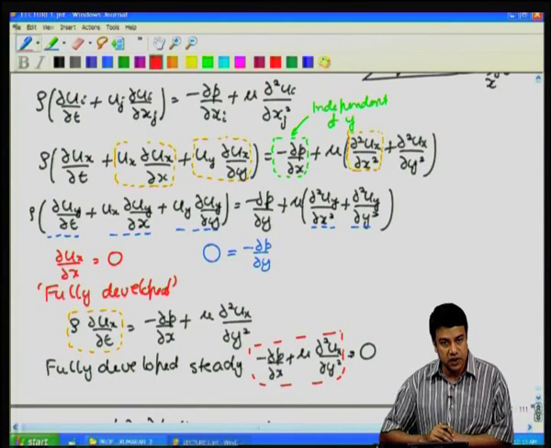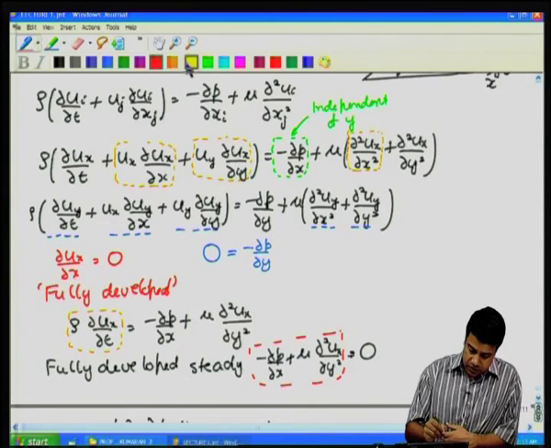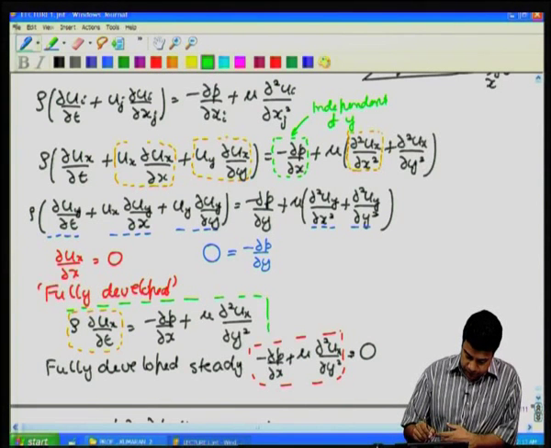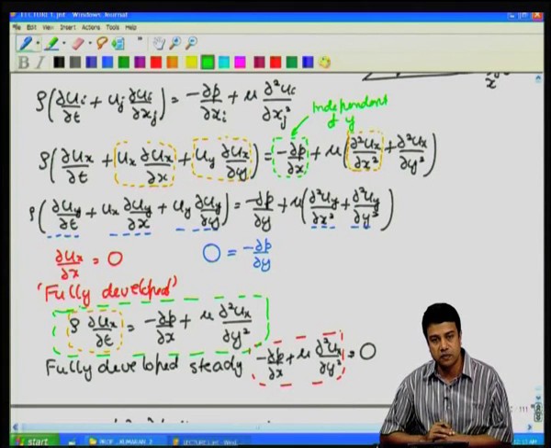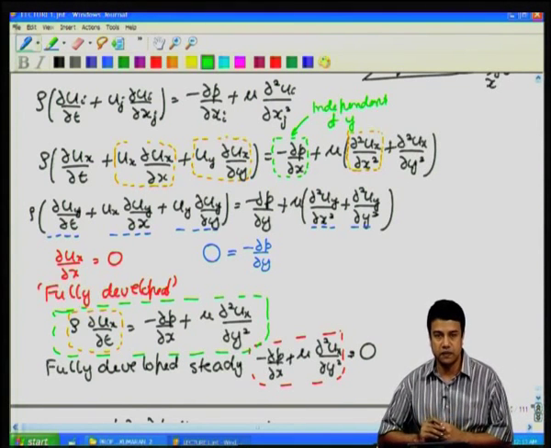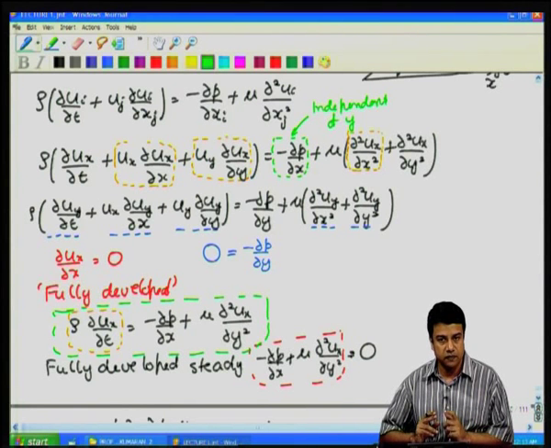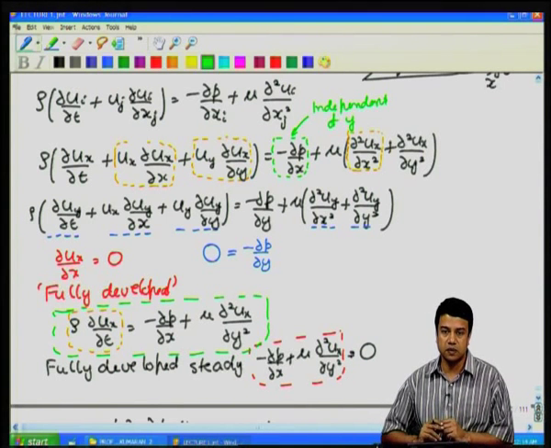If the flow is fully developed but not steady, the equation that you get is this one. If the flow is fully developed but not steady, you have the time derivative as well. That, if you recall, we had done in detail in Fundamentals of Transport Processes 1, where I showed you how you get boundary layer solutions in the limit where the inertial terms are dominating.